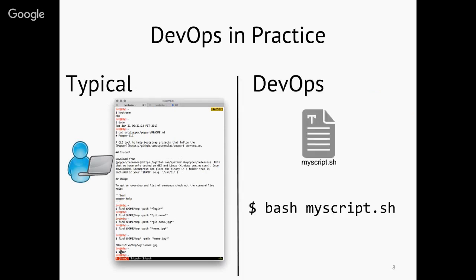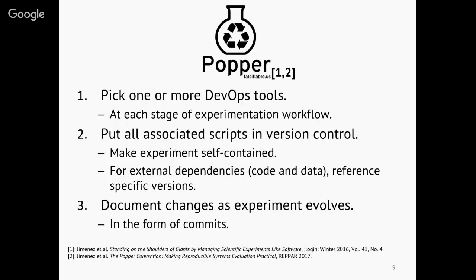So if we follow these three steps that I mentioned, and just to recap, number one, we pick one or more tools at each stage of this experimentation workflow, and then put all these scripts in version control and document changes as we go.